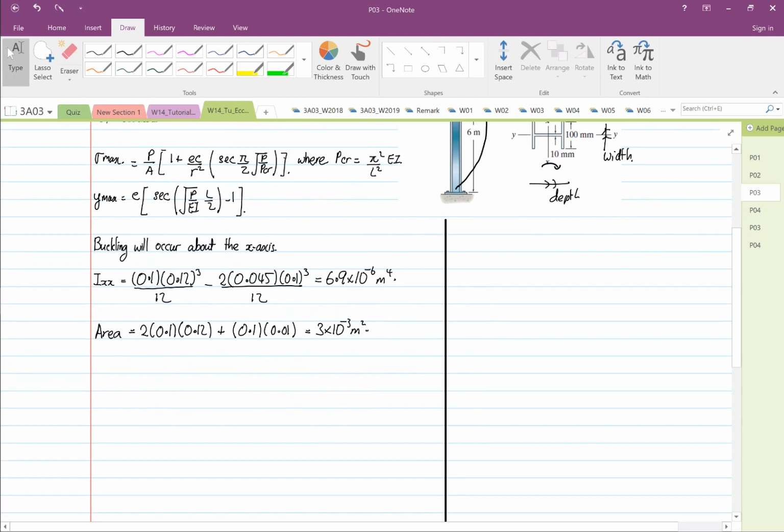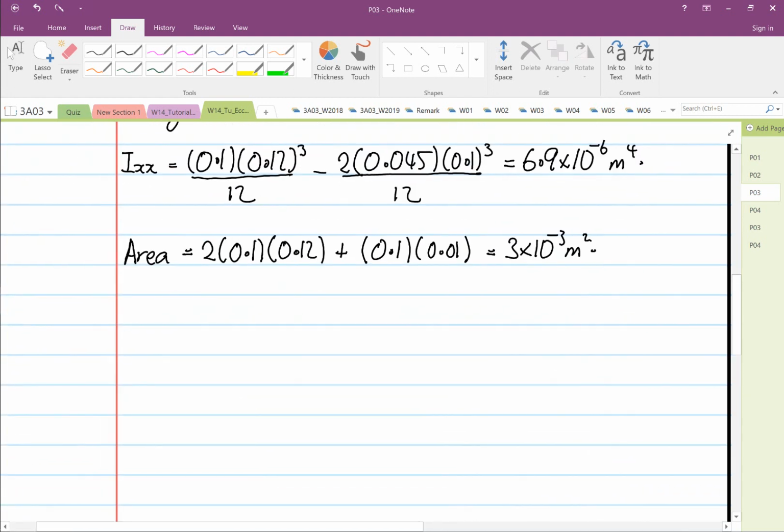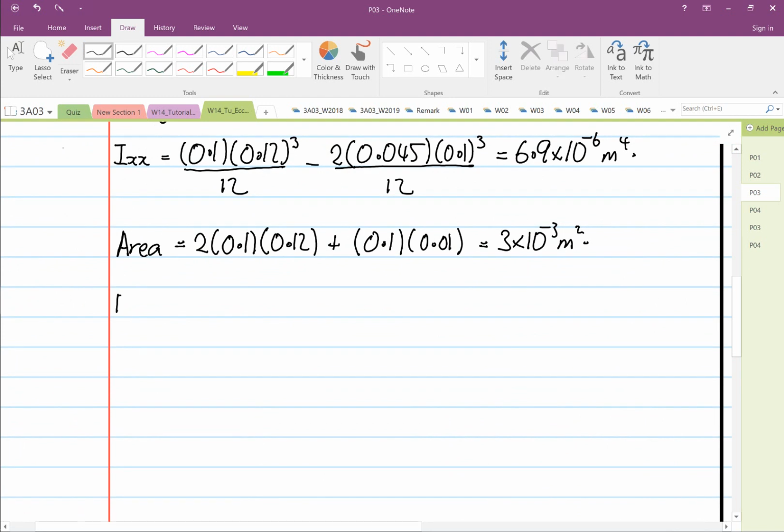So from here we can find R, which corresponds to the radius of gyration, where we have the expression I is equal to A R squared.